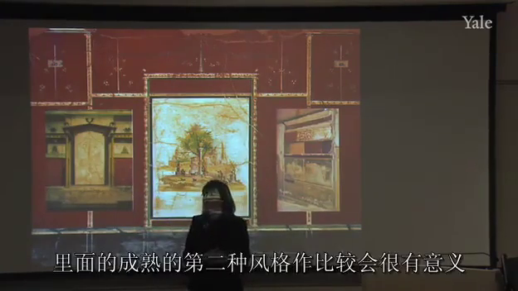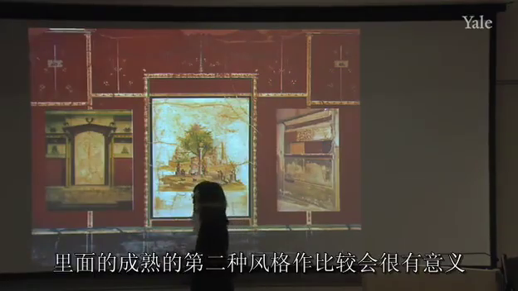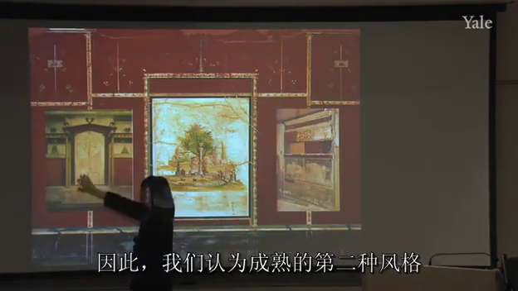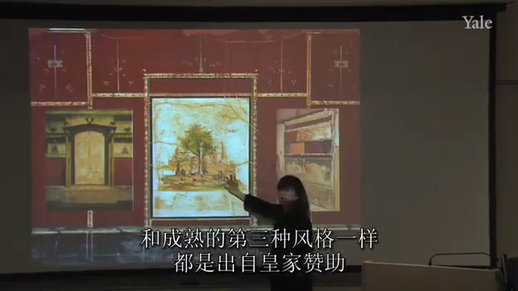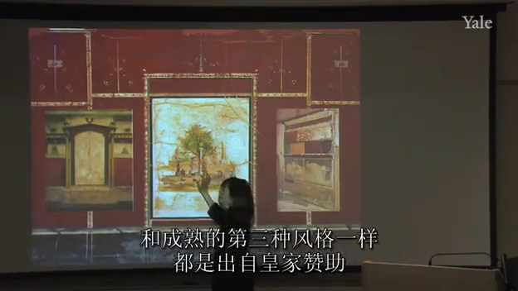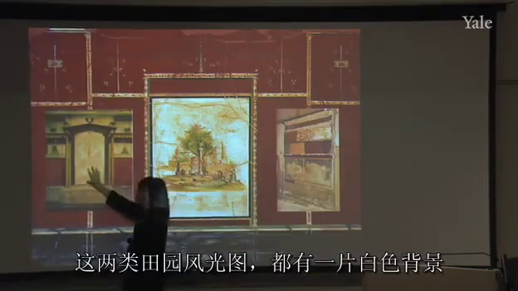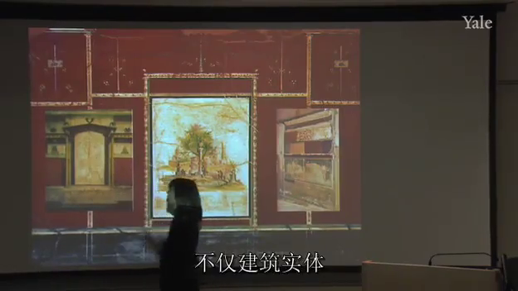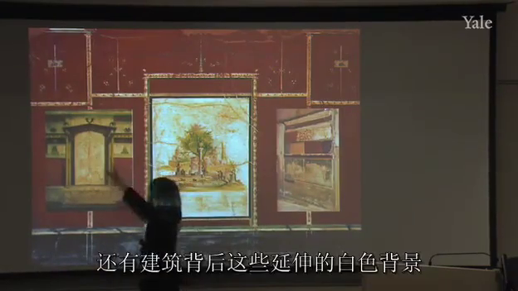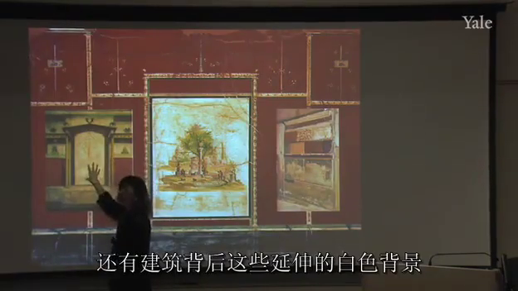I think it's instructive to compare this to what we saw in the Room of the Masks, House of Augustus, Palatine Hill, mature second style. So mature second style commissioned by an imperial patron, mature third style commissioned by, we think, an imperial patron. Both sacro-idyllic landscapes with white backgrounds, but you can see the main difference here, not only the substantial architecture, but the fact that the white background continues behind the architecture, right?